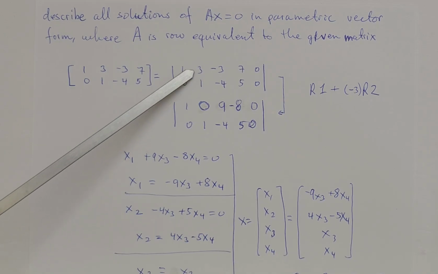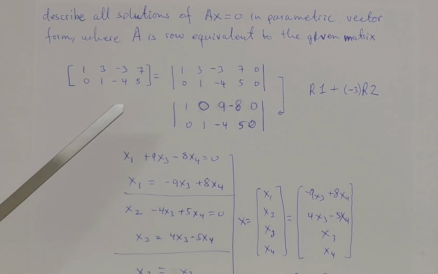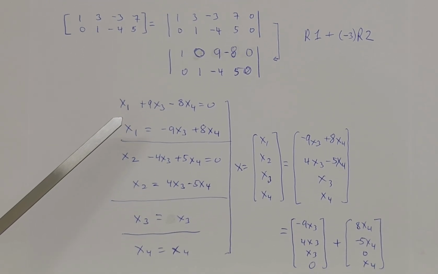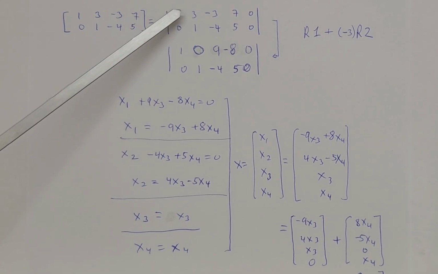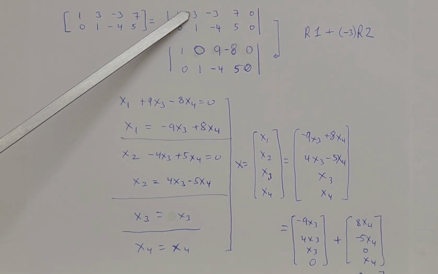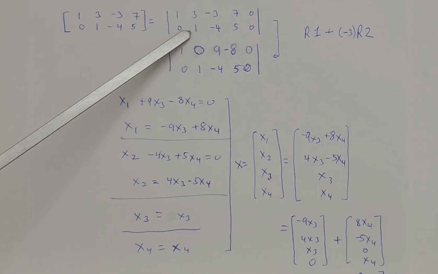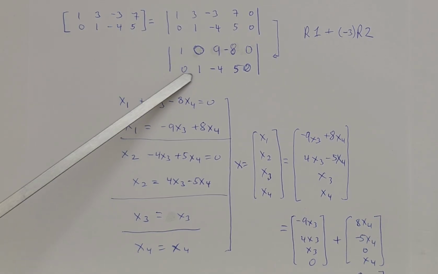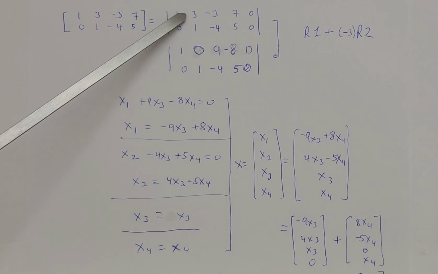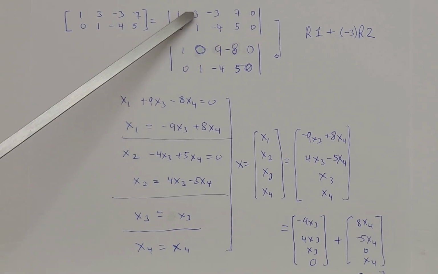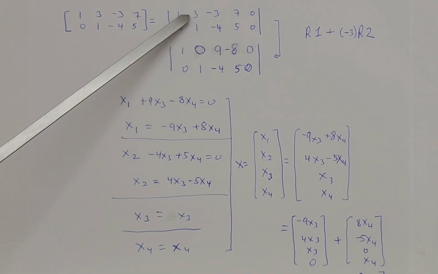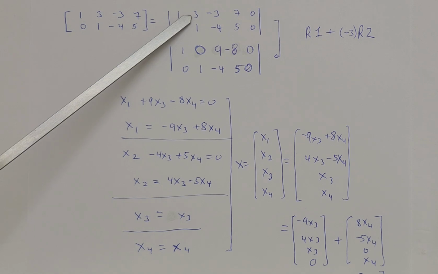We need to change this 3. We're just changing this part only, from here all the way over, so that we can get a 0 from this 3.